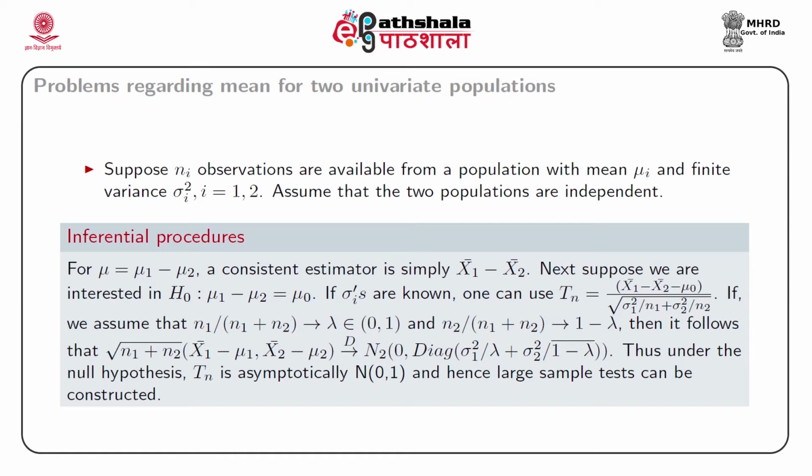Thus, under the null hypothesis, Tn is asymptotically standard normal, and hence large sample tests can be constructed.